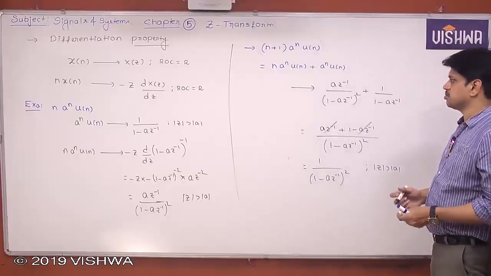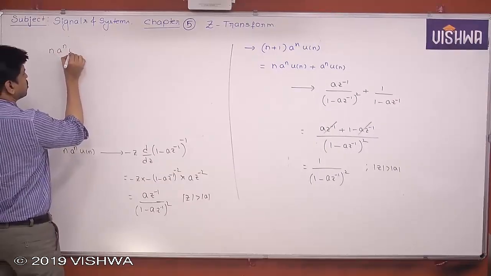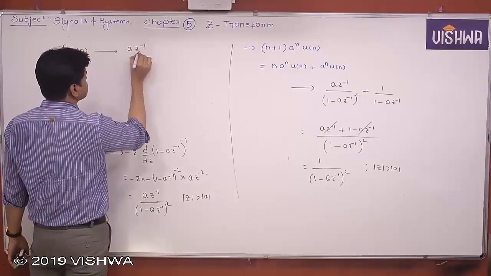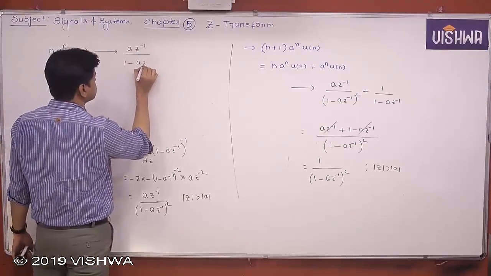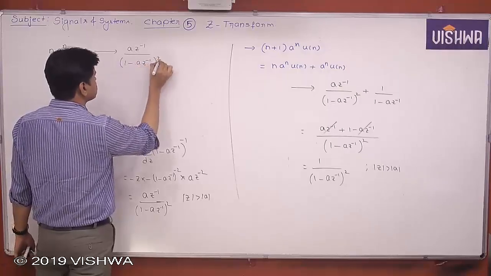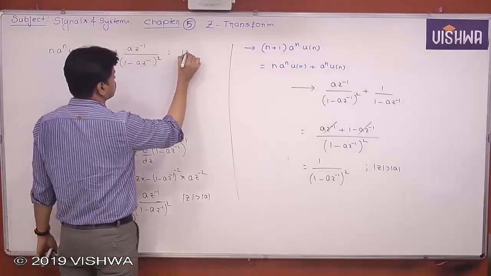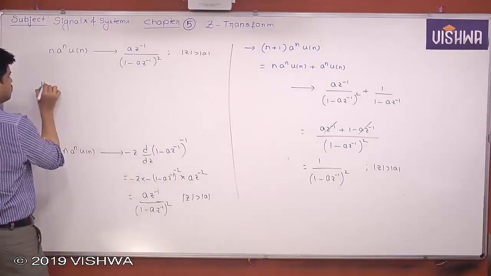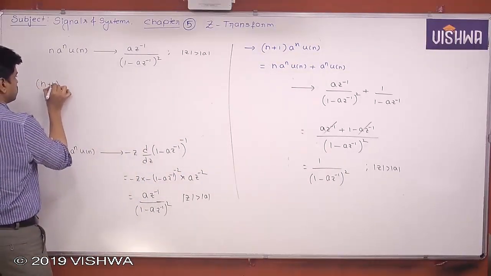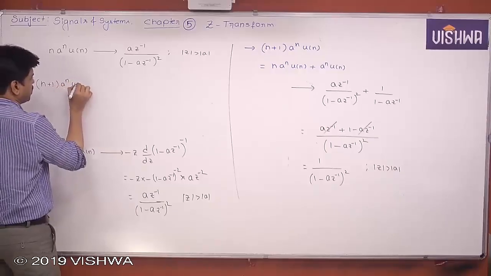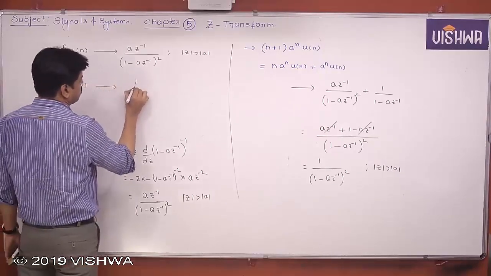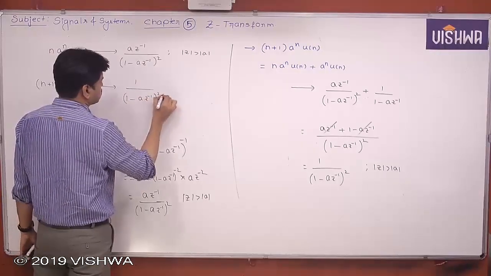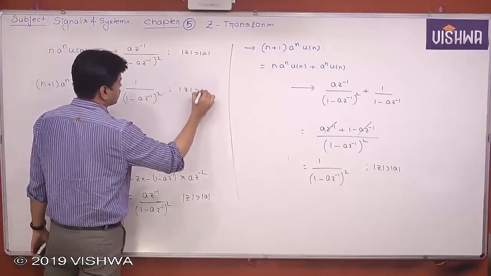Clear? Take it. a power n u of n having Z transform a Z inverse by 1 minus a Z inverse whole square, mod Z greater than mod a. n plus 1 a power n u of n having 1 by 1 minus a Z inverse whole square, mod Z greater than mod a.